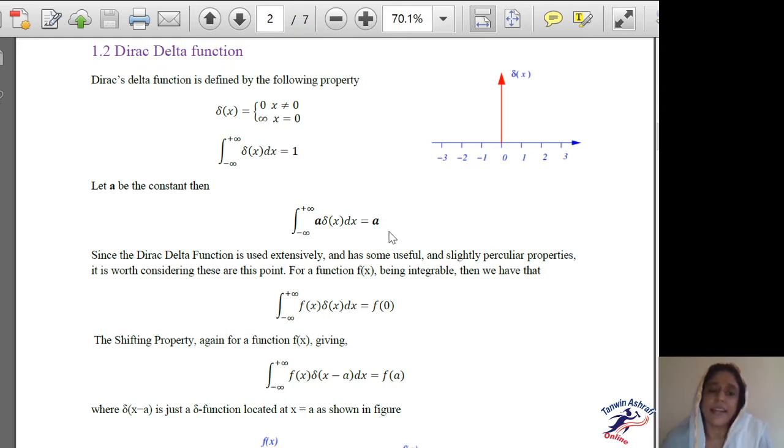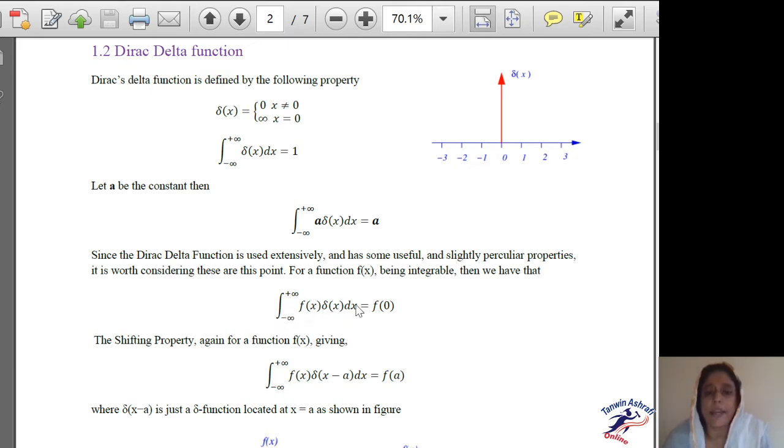Since the Dirac delta function is used extensively and has some useful and slightly peculiar properties, it's worth considering these points further. For example, if we consider f of x, a function of coordinate x, to be integrated, then we have the integral from minus infinity to plus infinity of f of x times the Dirac delta function dx.